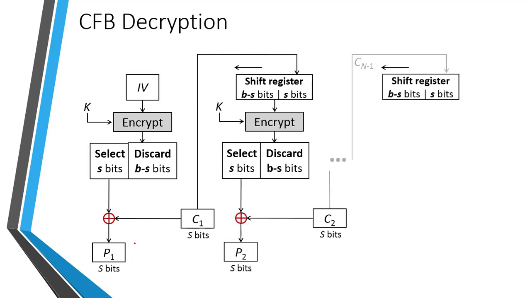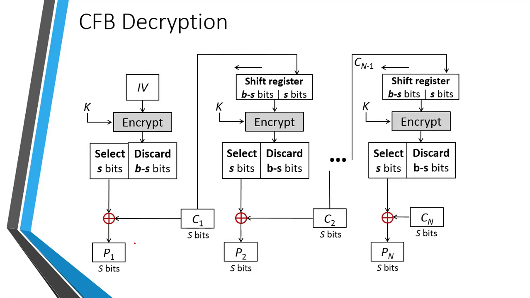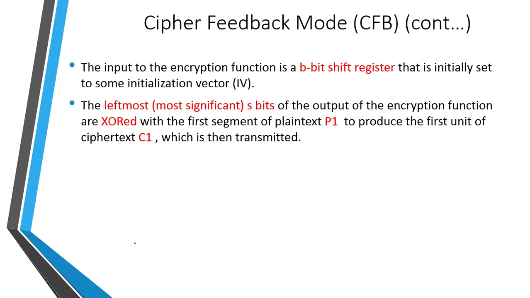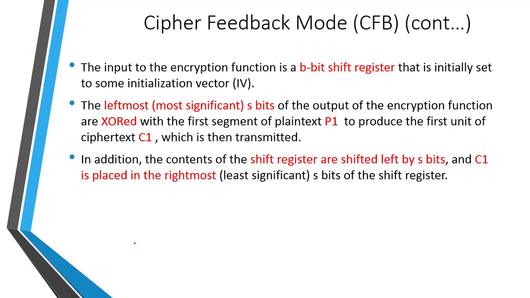In the same way all the ciphertext is converted into plaintext in decryption. So the input to the encryption function in CFB is a B-bit shift register initially set to some initialization vector. After that, the leftmost bits of the output of the encryption function are XOR with the first segment of our plaintext to produce the first unit of the ciphertext, which is then transmitted.